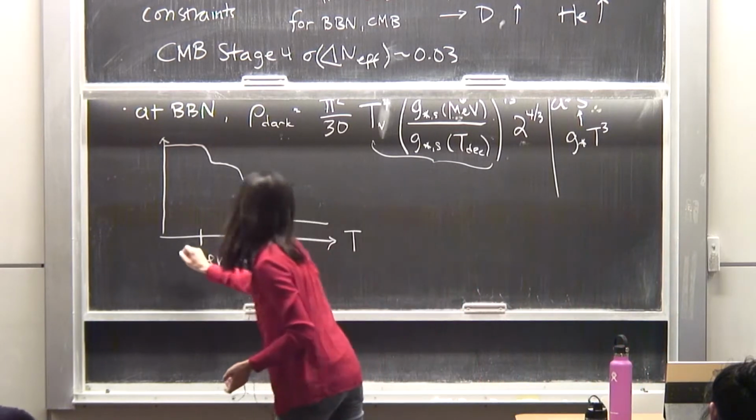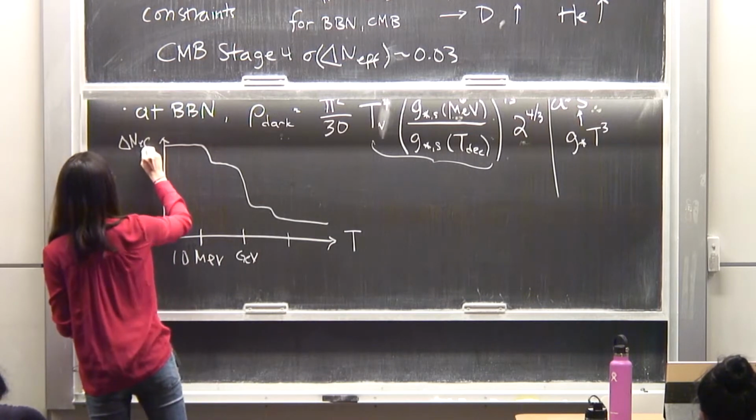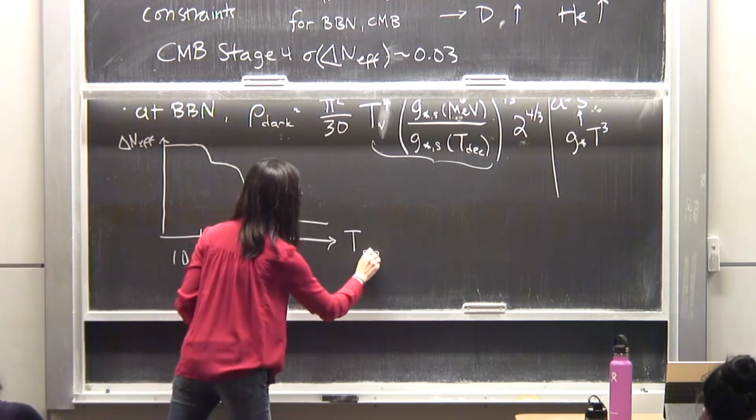Sorry, this is about 10 MeV. So this is the delta N effective as a function of when the dark sector decoupled.